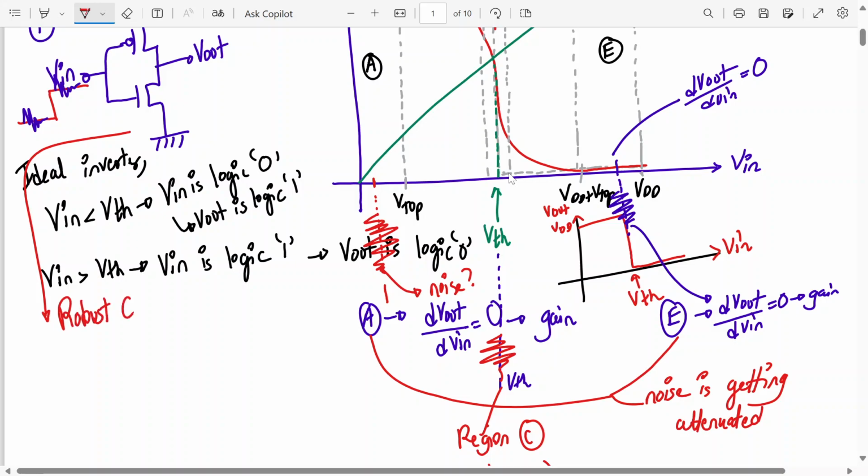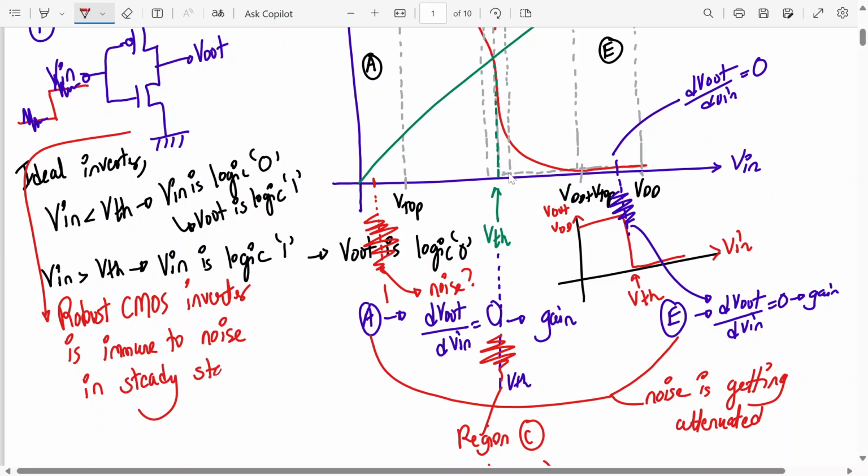A robust CMOS inverter is immune to noise in steady state conditions. When the signals are not changing; when the signals are changing, it's a different story.